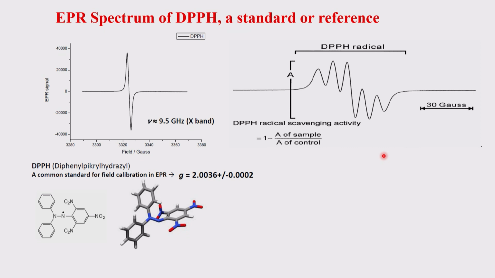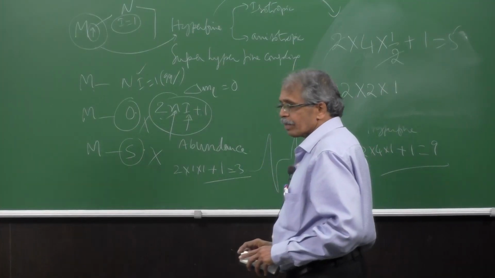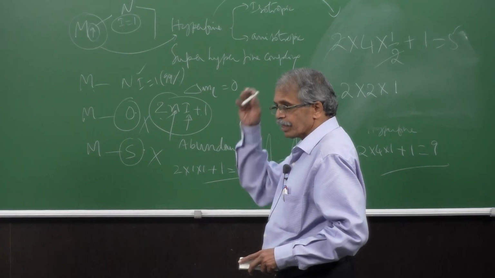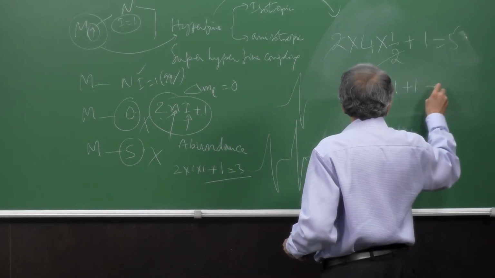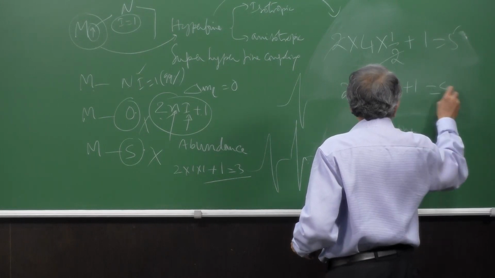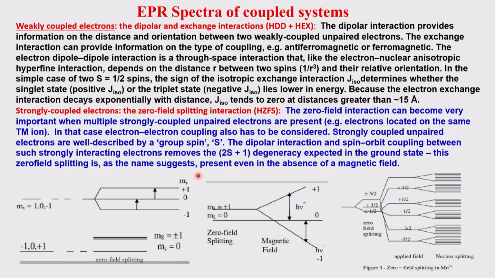How do you get 5 lines? There are 2 nitrogens, so 2 into 2 nitrogens, and nitrogen has spin 1. Here it is N-14 with very high abundance, 90 plus percent, plus 1. So 4 plus 1, 5 lines. You can see that the number of lines is 5, and that is what you would see in this spectrum when it is completely resolved.